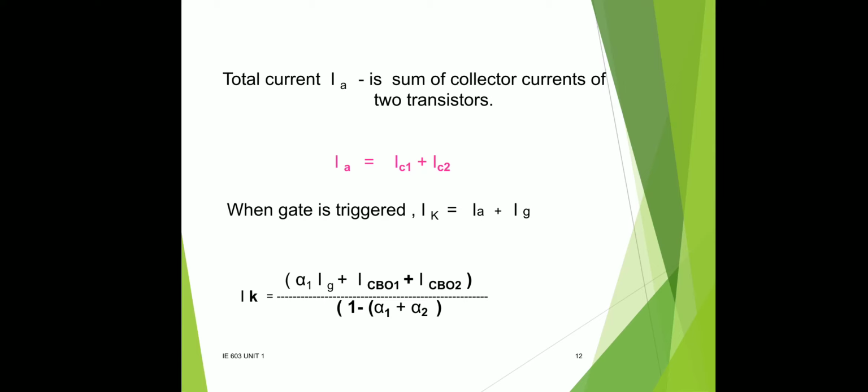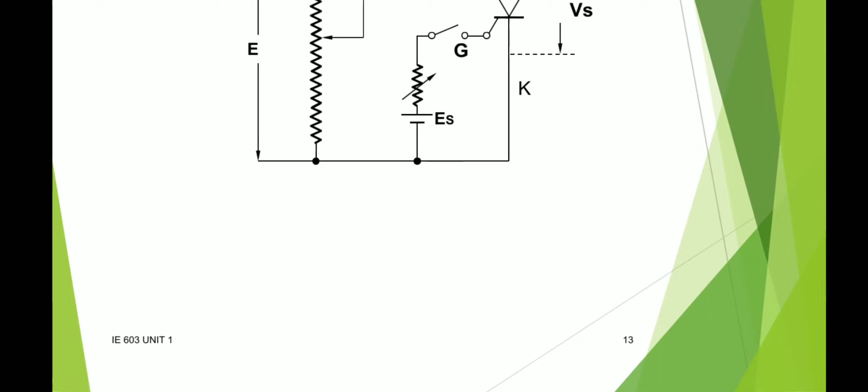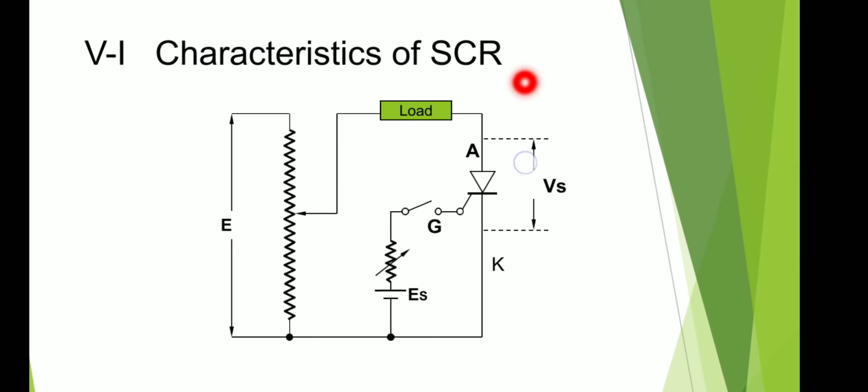That means the SCR as two transistors, and how the current is flowing: anode current is equal to the output current of the two transistors. Now the VI characteristics of SCR, the voltage and current characteristics of SCR. Here there is an SCR circuit with anode, cathode and gate.